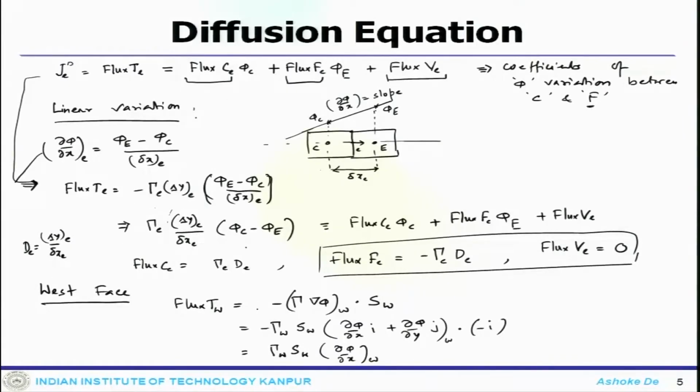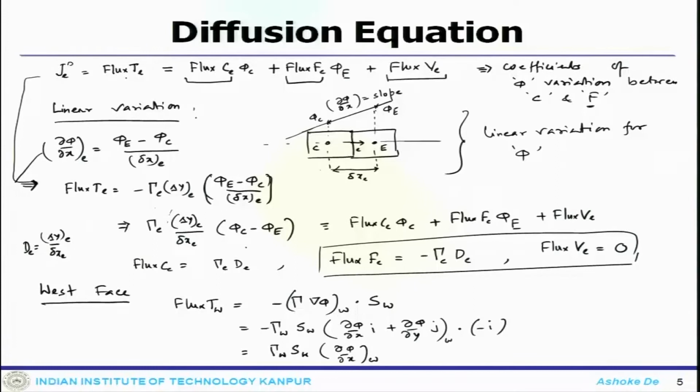Once we have the discretized system, we assumed a linear variation for phi between points C and E or W. Once we have done the linear variation, that slope will give the profile. From there we calculated each of these coefficients for the total flux definition with the linear variation.